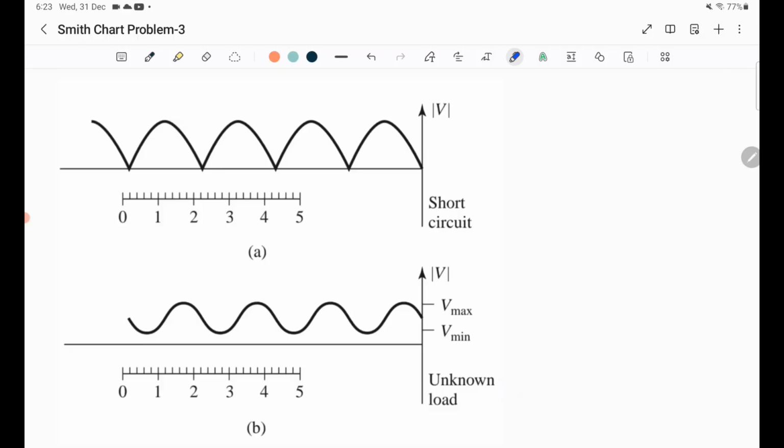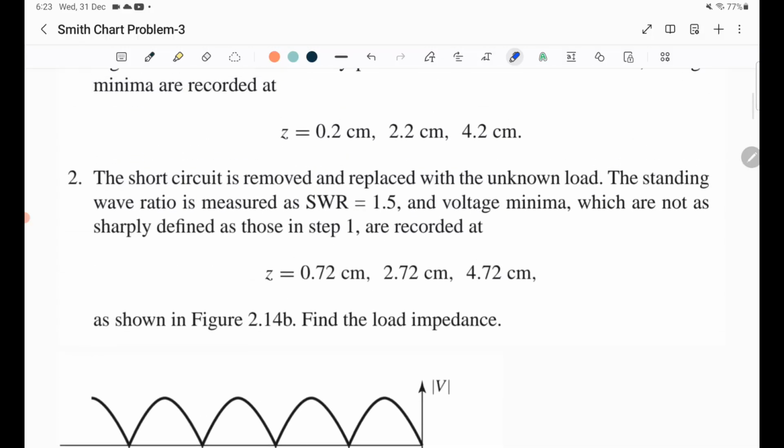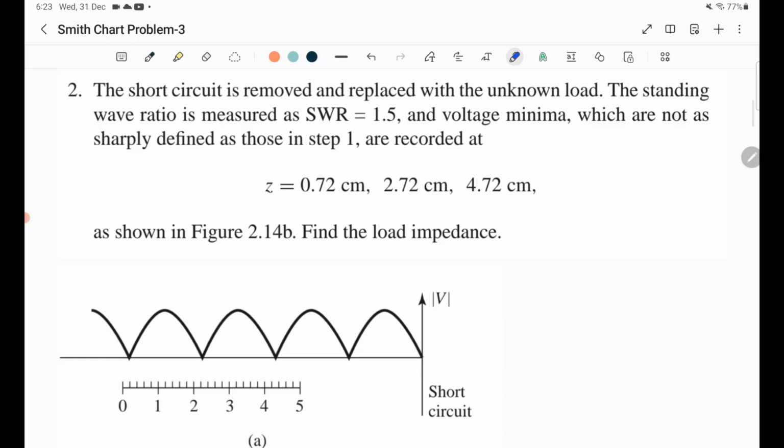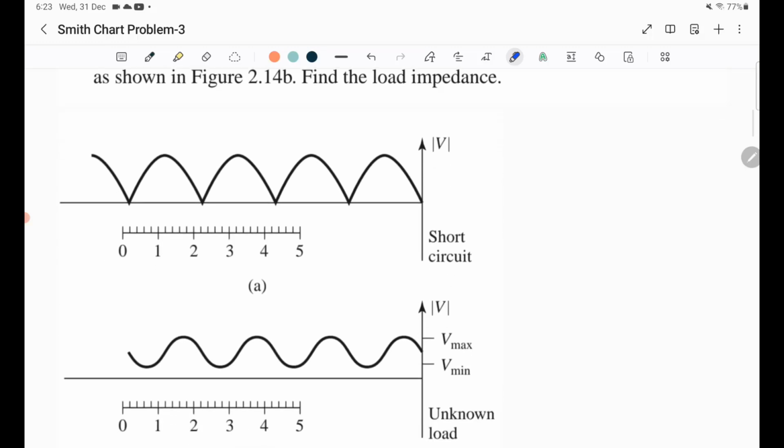As soon as we remove the short circuit and replace it with the unknown load, the voltage minima are not as sharply defined as they were in step number 1. And the value of the measured SWR is now 1.5. In step number 1, the value of SWR was infinite. Why? Because the load was a short circuit, which is 0.